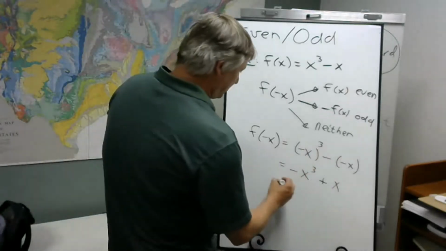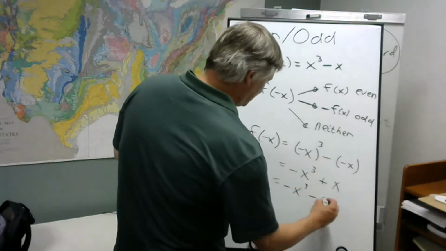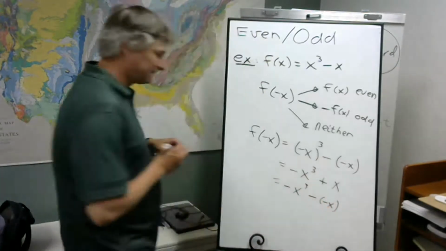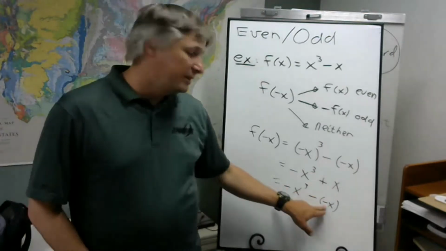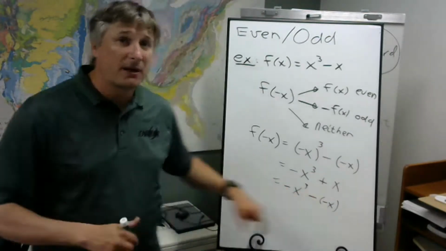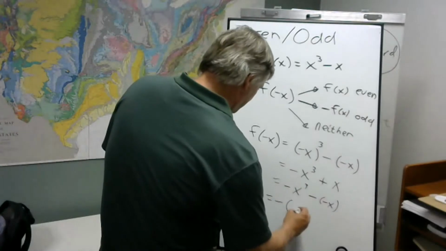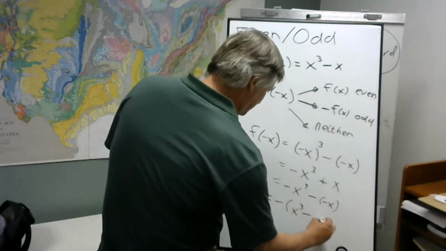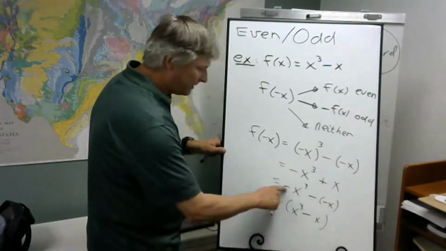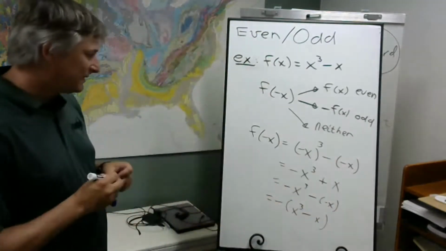Take this a step back a little bit. This is minus a negative. So we have a negative on x cubed, a negative on x. Let's factor out that negative. Here's this minus sign. Here's x. We pulled the negative off here and the negative off here, factored it out.